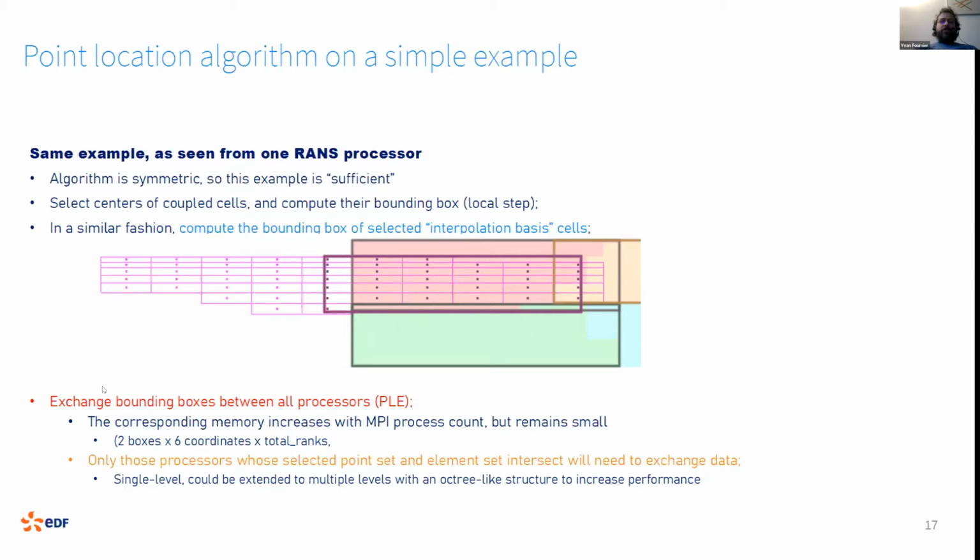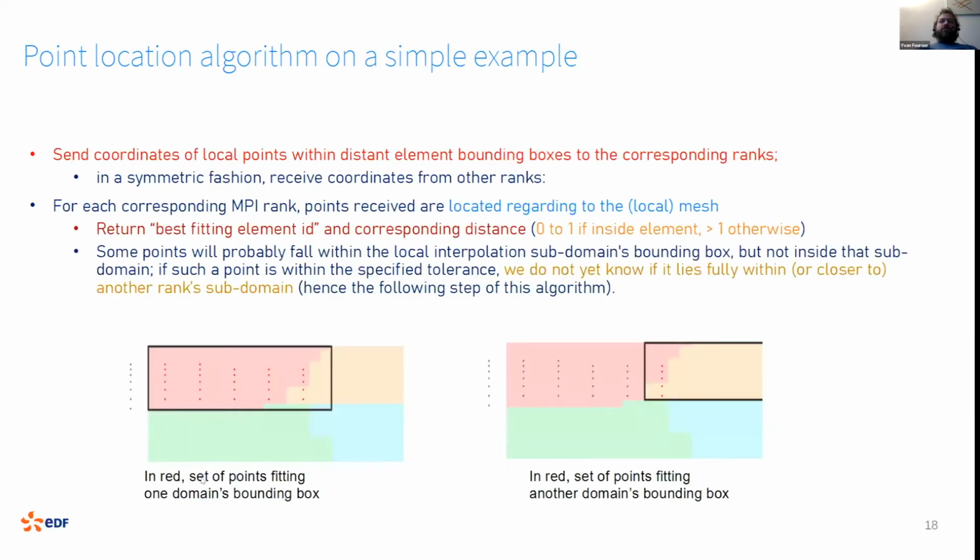That's something that's done by PLE. The bounding boxes themselves are computed by callback. And then once we have that exchange, we know that only those ranks whose bounding boxes intersect need to talk to each other.